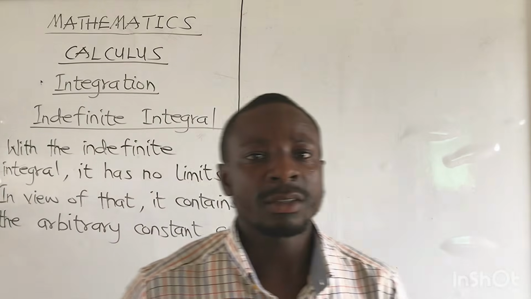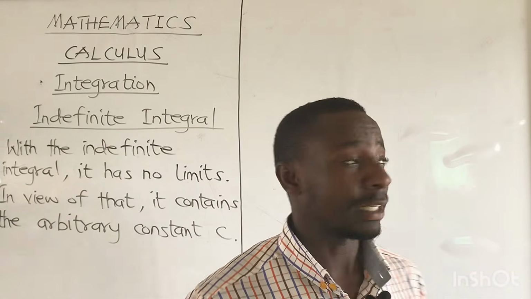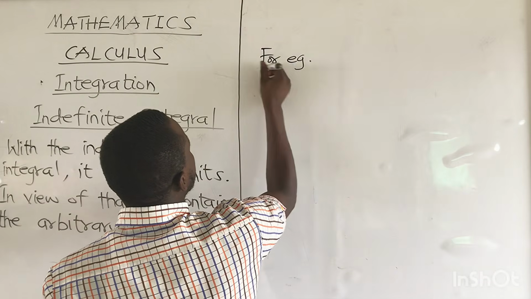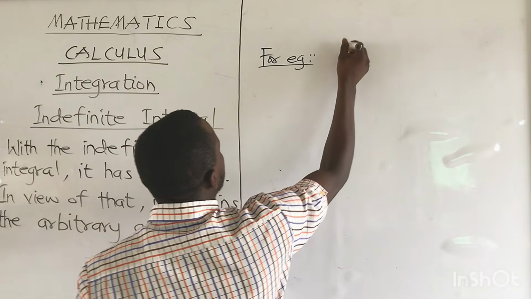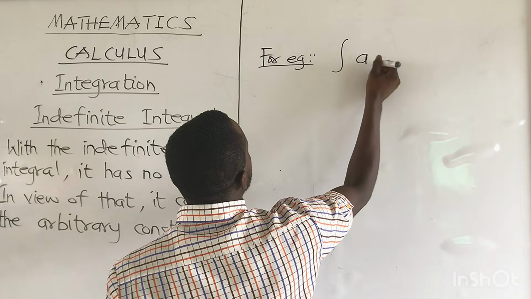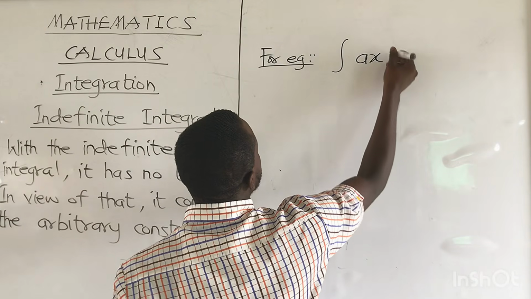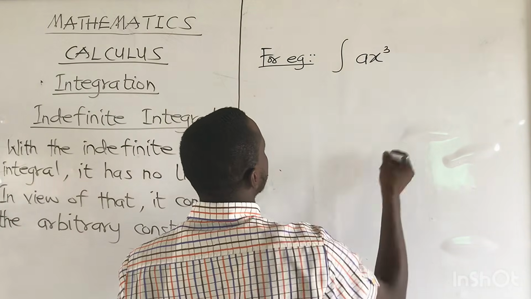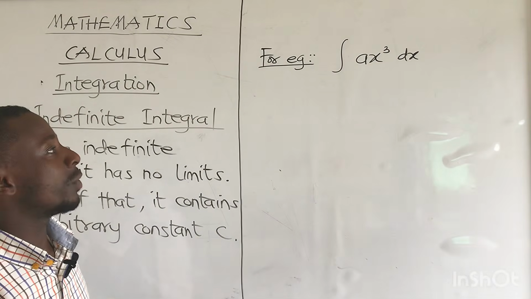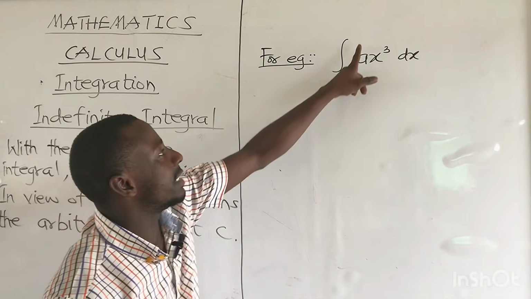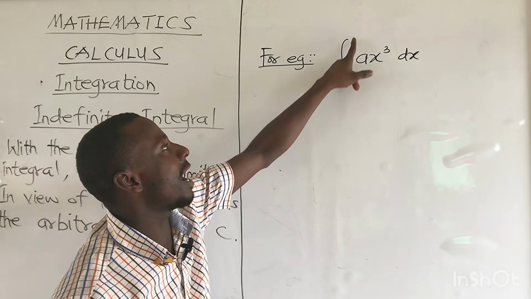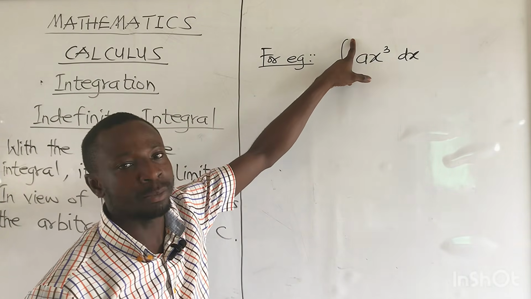All right. So, for example, they can give you an integral of, let's say, ax exponent 3 dx. So when you look at what we have here, the integral sign has no value from the base as well as a value from the top.